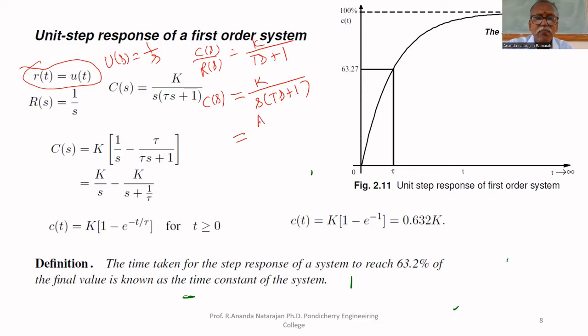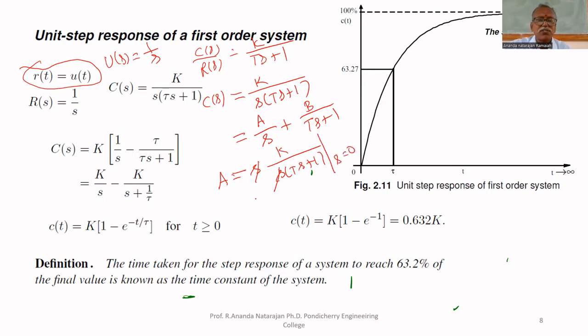That is equal to A upon s plus B upon tau s plus 1. A equal to what? A equal to s multiplied by K upon s multiplied by tau s plus 1 at s equal to 0.